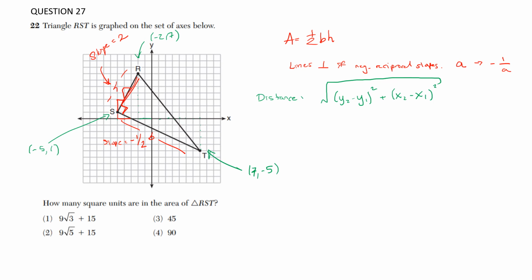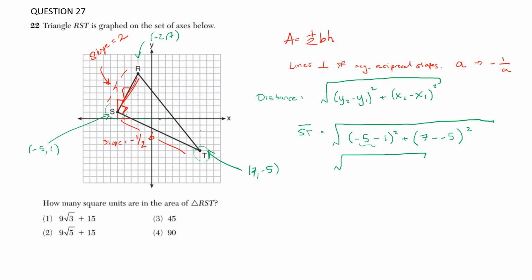Okay, so let's find first the segment ST. That's the base, ST. So that should equal, if we do the formula here, let's call T point 2, S point 1. So we're going to go y2 minus y1 squared, that's 7 minus 1, plus x2 minus x1, that's 7 minus negative 5, squared.